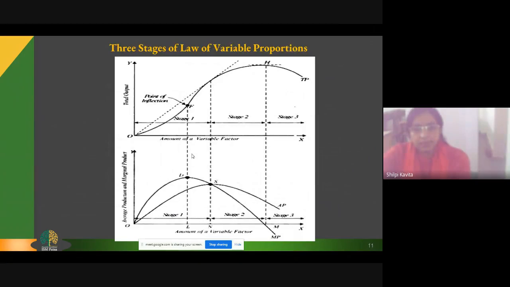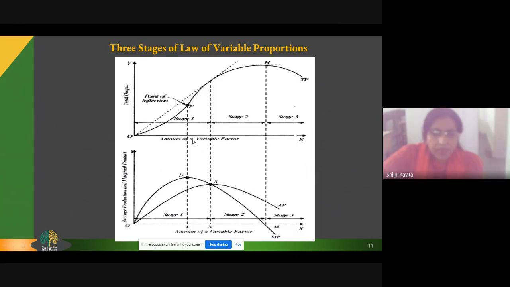We can see in this graph there are three stages of the law of variable proportion: stage 1, stage 2, and stage 3. The total product, the average product, and the marginal product. All three graphs are depicted here. The total product graph is related to the marginal product behavior.